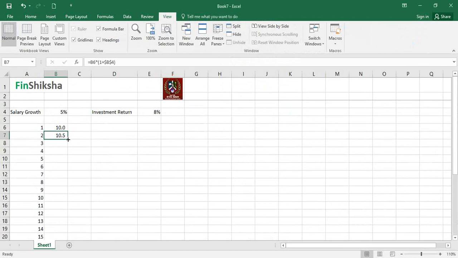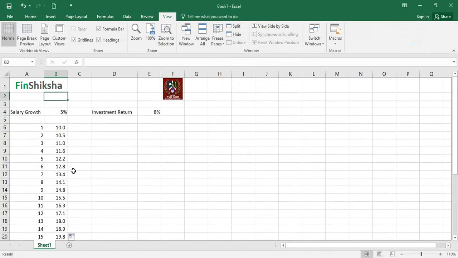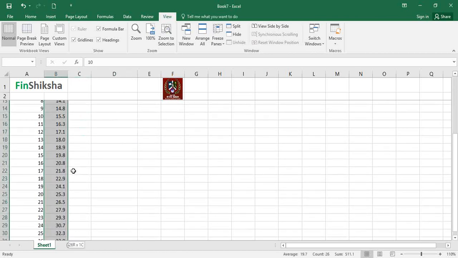That's 5%. And we double click it. So that's the overall salary stream that the person has. This is the entire amount of salary that the person would get if he were to continue working for the next 26 years, correct?